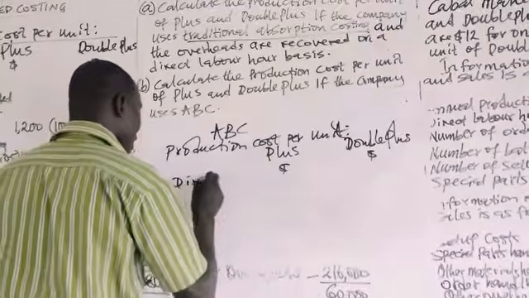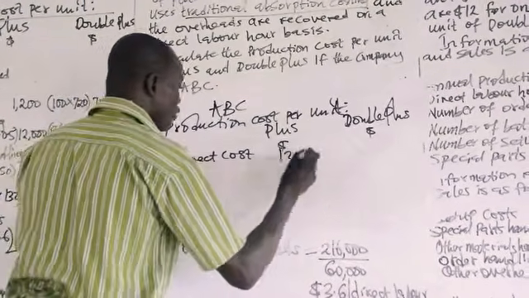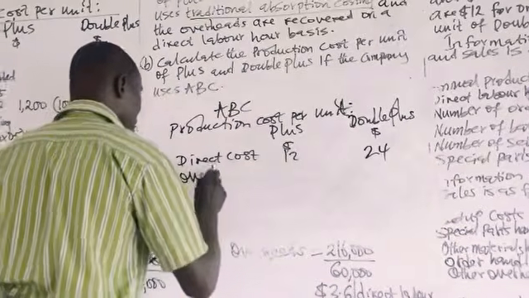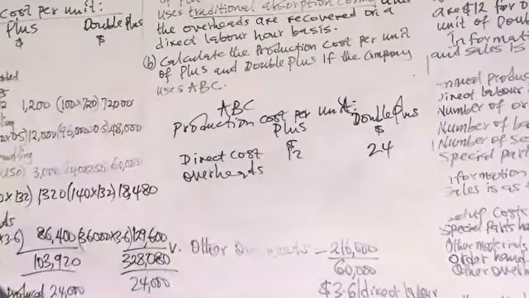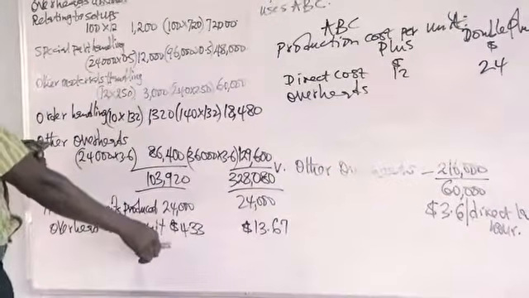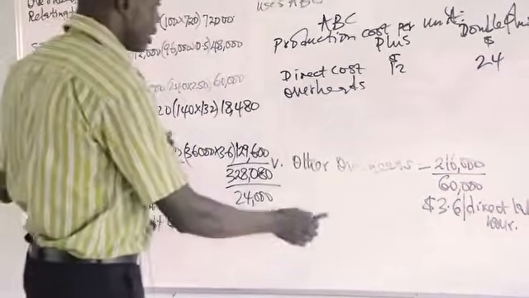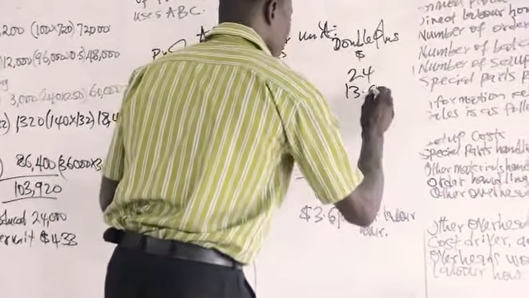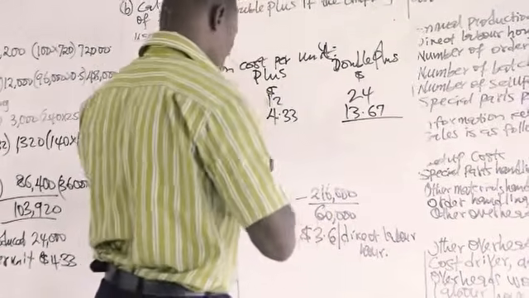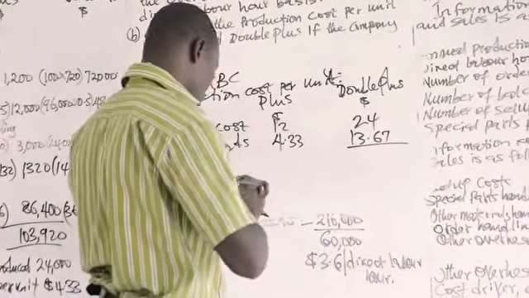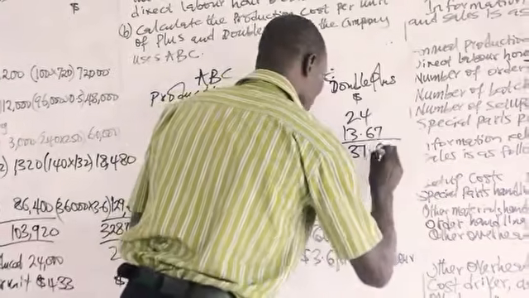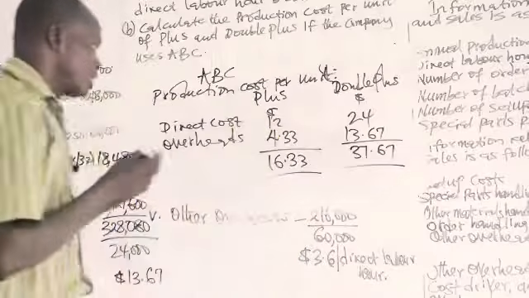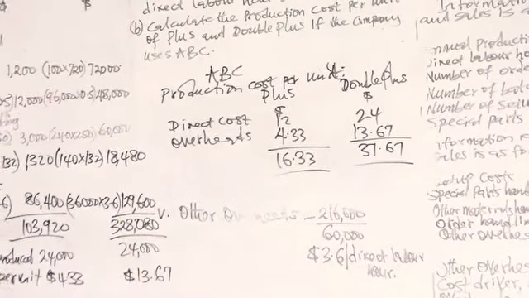Then overheads now. For plus, 4.33, and for double plus, 13.67. So when you sum it up, then you have 16.33 and this will be 37.67. That is the production cost per unit.